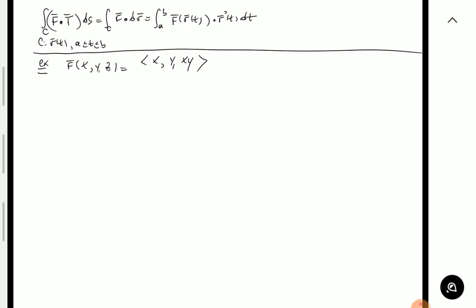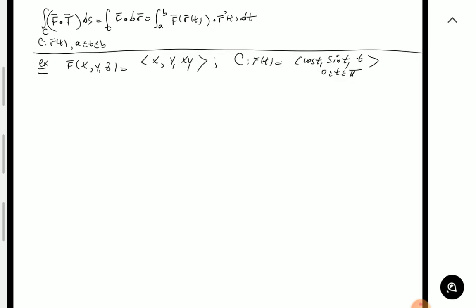Although it's in 3 dimensions, you don't have to have z. It can even be a constant vector field, although that won't be interesting for our purposes. And then the curve is given by r of t with the components cosine of t, sine of t, and then t, with t between, let's say, 0 and pi.